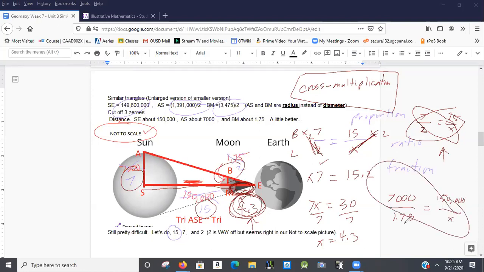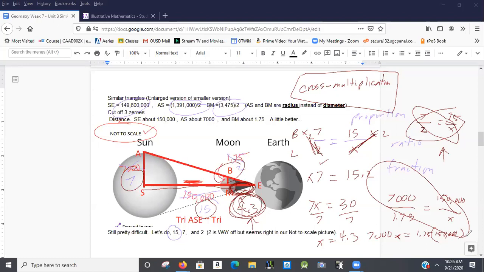And now when I cross multiply, I get 7,000 x equals whatever 1.75 times 150,000 is. And that's a little bit of a mess. I'm going to do that in my calculator.